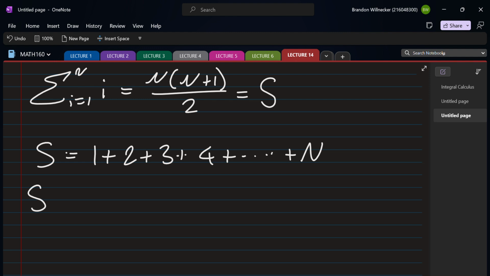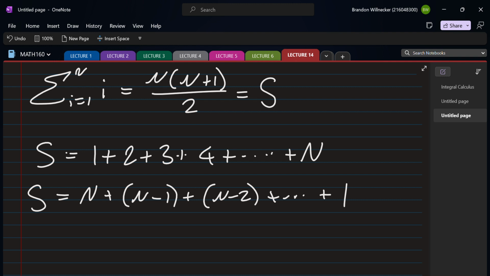So here, S is equal to n plus n minus 1, plus n minus 2, plus dot dot dot, plus 1. We're just rewriting the sum in reverse order. We get the same value because it's a finite sum.